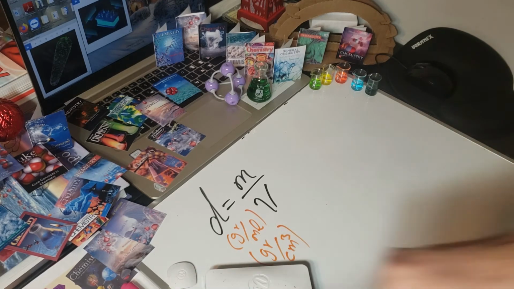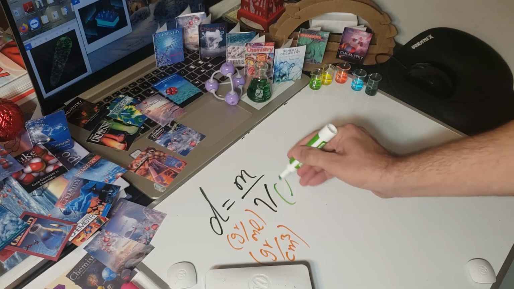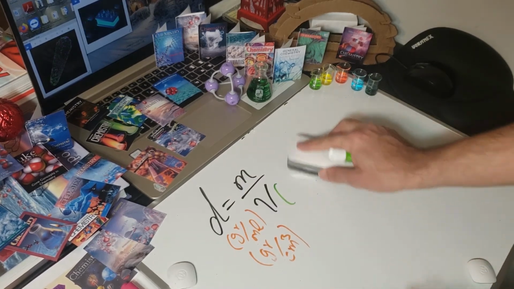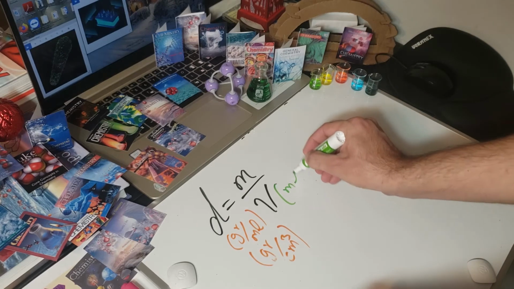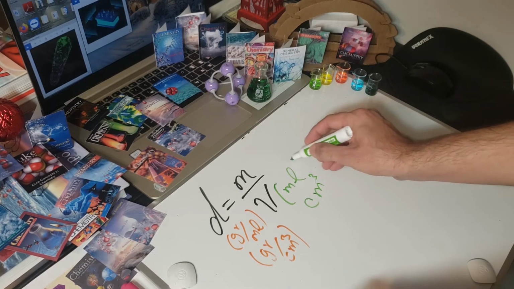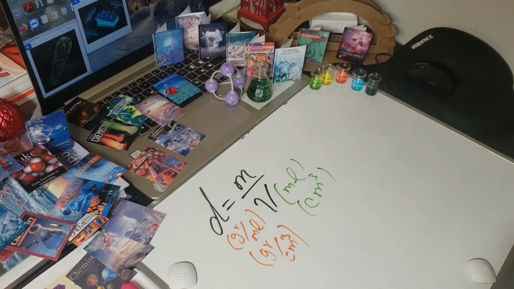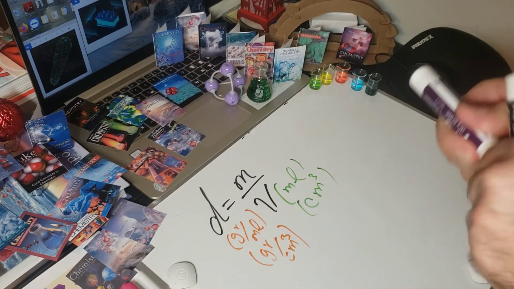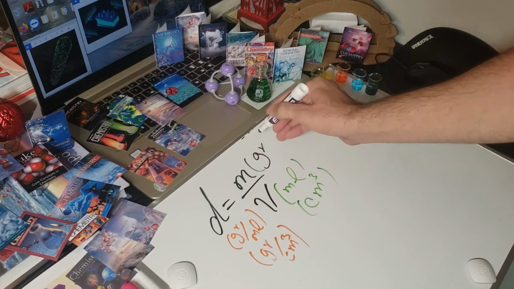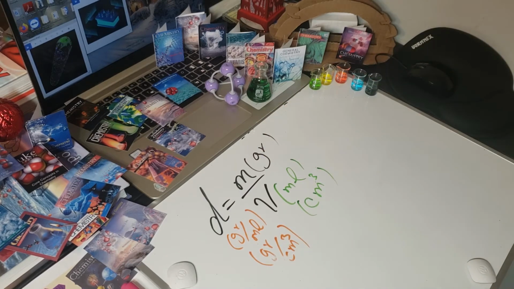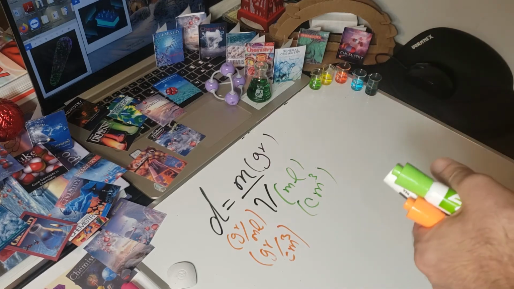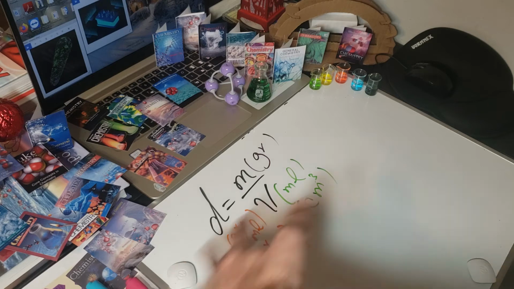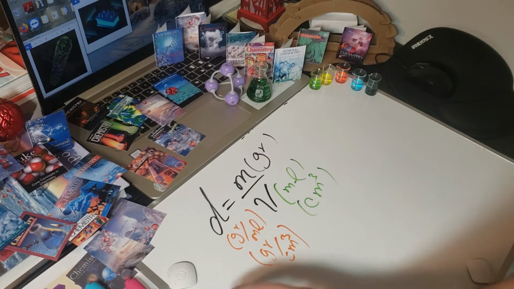My volume is in milliliters or cubic centimeters, based on which density I want, and my mass is usually in grams. It could also be kilogram over liters, or kilogram over cubic meters. It could be all those dimensions as well.